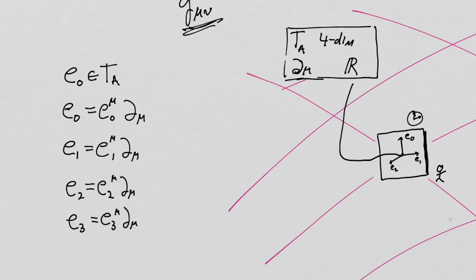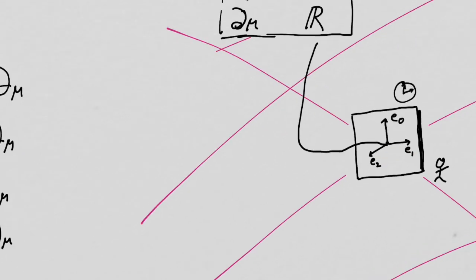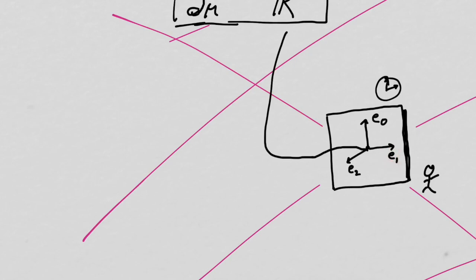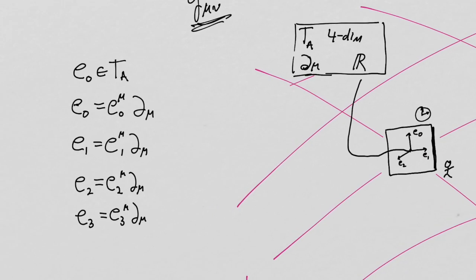So this is how we would, so far, write everything out. Each one of these basis vectors is expressed in terms of this basis. Now, the issue is that what's worrying me is that these tetrad subscripts are going to be confused with the spacetime subscripts. So that we've got to take care of.